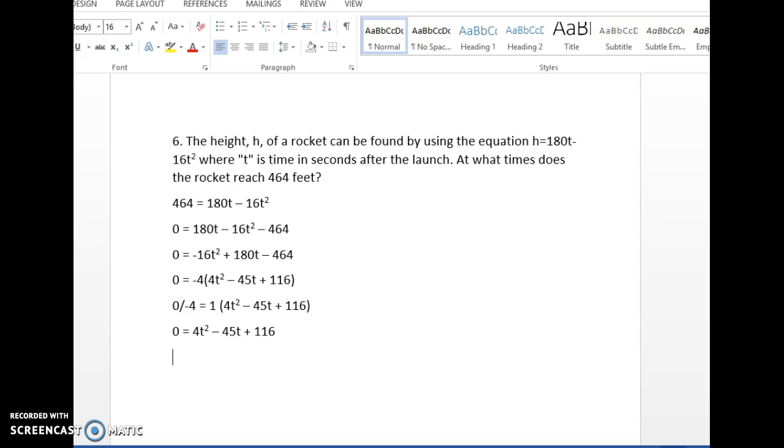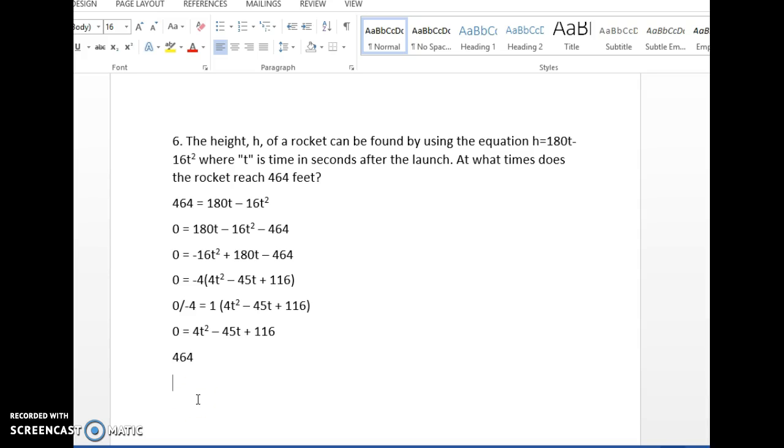Okay, at this point, we're going to need to use the AC rule. And so we're going to start by multiplying A, which is 4, times C, which is 116. And that gives me 464. And now we're looking for two things that multiply together to equal 464 and add together to be -45.